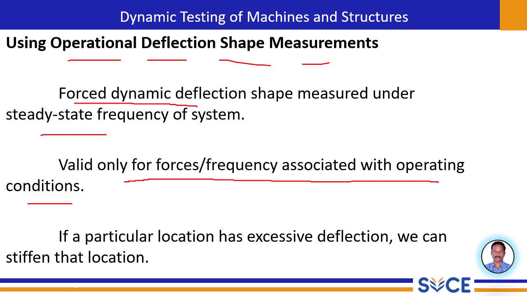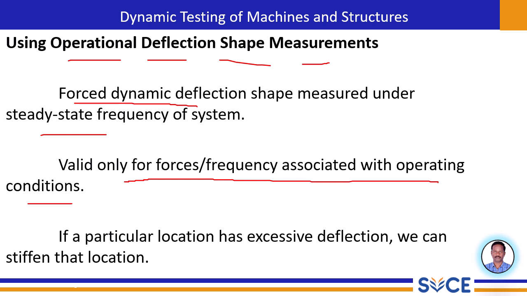If the operating conditions change, for example, the rotational speed of a machine increases or a different external force is applied, the observed deflection shape will likely change as well. The ODS is a snapshot of the vibration pattern under a specific set of circumstances, not an intrinsic property of the structure itself.